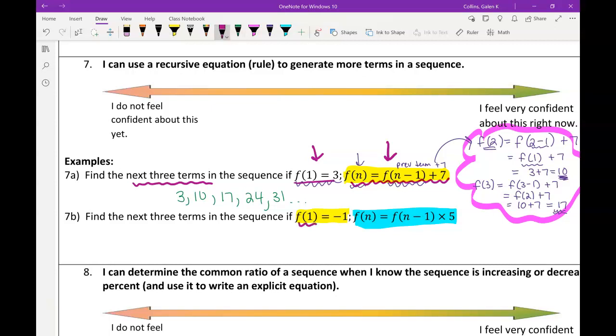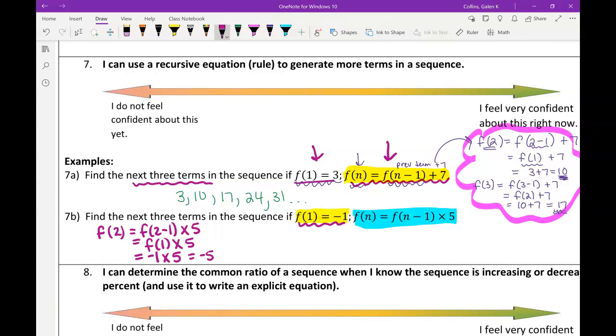So if I already know f of 1, and I want to find f of 2, I'm going to substitute 2 for n. So f of 2 is f of 2 minus 1 times 5. And since 2 minus 1 is 1, this becomes f of 1, which is negative 1, times 5. So I get negative 5.